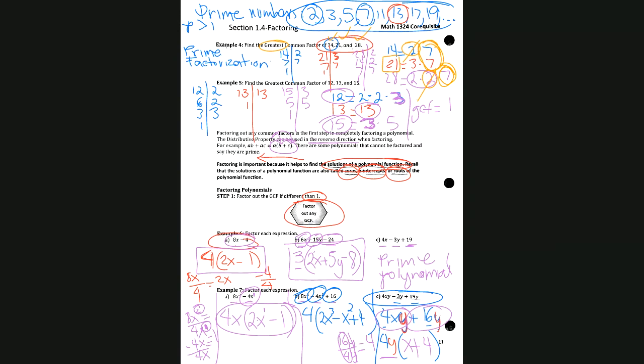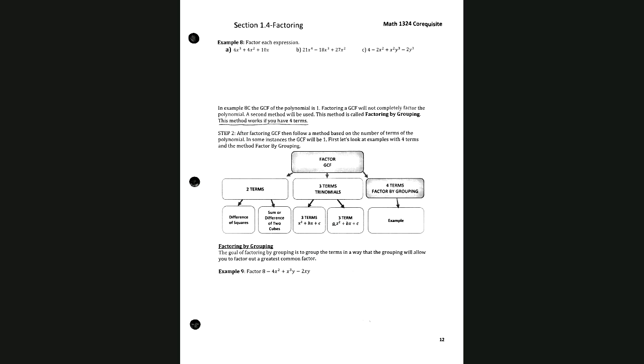So we're going to move on to the next page, and this is example 8, factor each expression. And we have here a trinomial. So we're going to see if there's something they all have in common. They can all be divided by 2, the coefficients, and they all contain x to the first power.